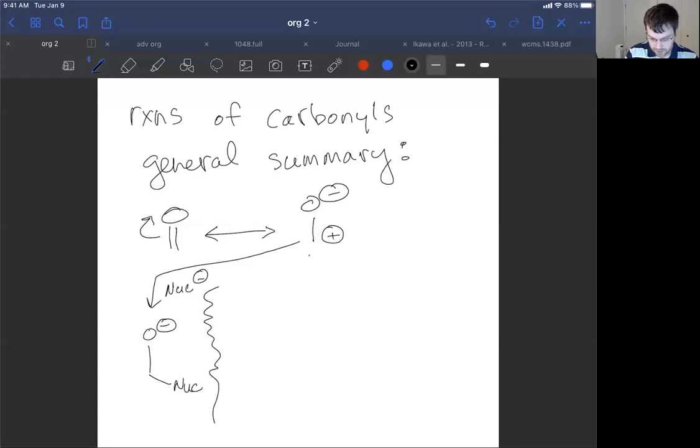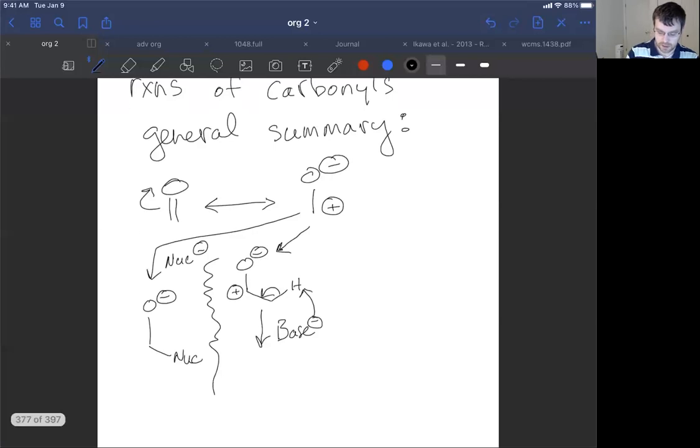Now, enolate chemistry requires that we actually have a carbon atom next door with some hydrogen atoms. So what we're doing here is we're allowing a base to react, and the base is going to attack a hydrogen atom attached to a carbon atom and push electrons over to make a carbon-carbon double bond.